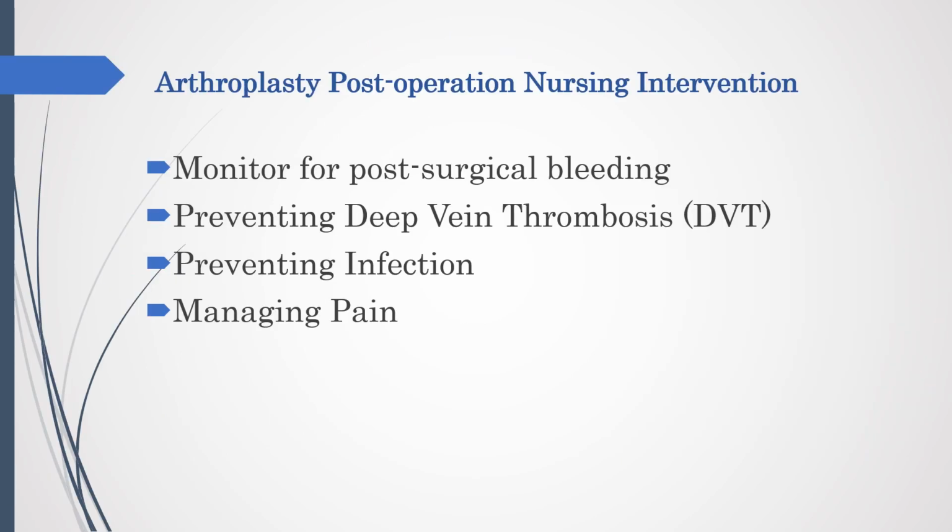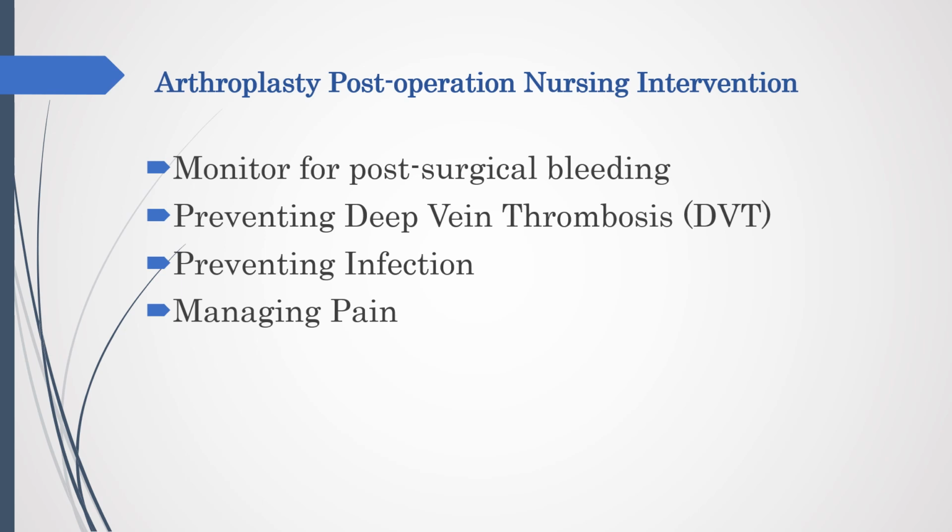We're going to talk about the post-surgery nursing interventions for arthroplasty, either hip arthroplasty or knee arthroplasty. The nurse should monitor post-surgical bleeding and assess the patient for any signs and symptoms of deep vein thrombosis and implement the prophylactic regimen for deep vein thrombosis.